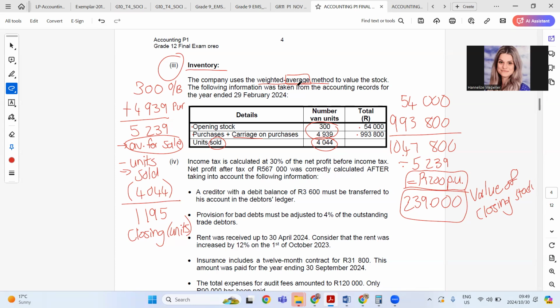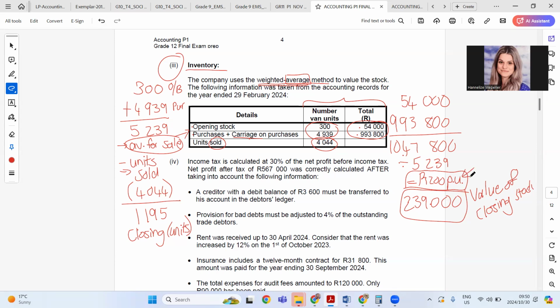So that is what you have to do. First of all, weighted average, therefore find the average of the total units available for sale. Available for sale means opening plus purchases minus returns, if you had any. This was an easy one because there were no returns. They just gave you the net purchases plus carriage on purchases. Then you divide the total monetary value by the number of units to get your average unit cost.